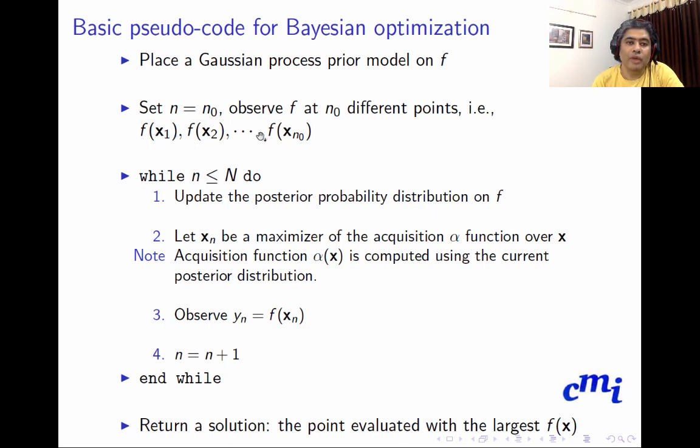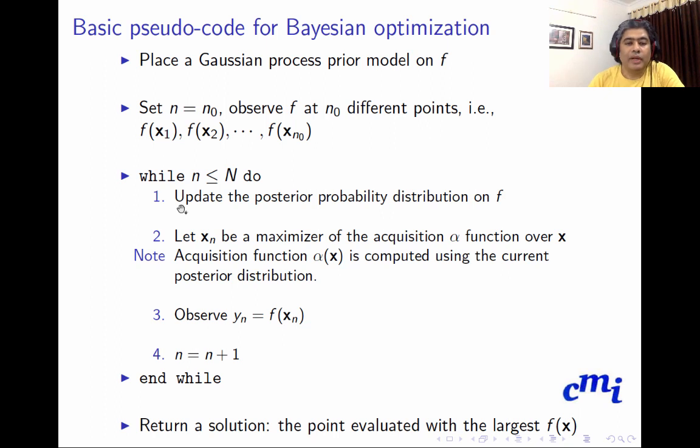So now you treat x1, x2, ..., xn0 and f of x1, f of x2, ..., f of xn0, assume a Gaussian process prior model on f, and update the posterior distribution of f given f of x1, f of x2, ..., f of xn0.